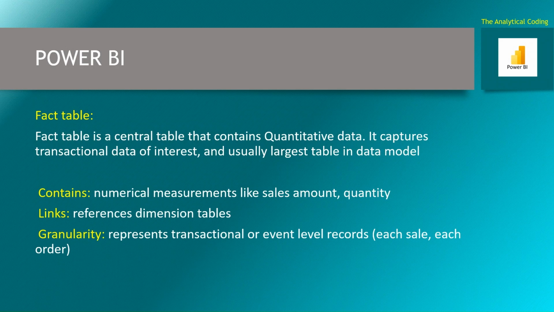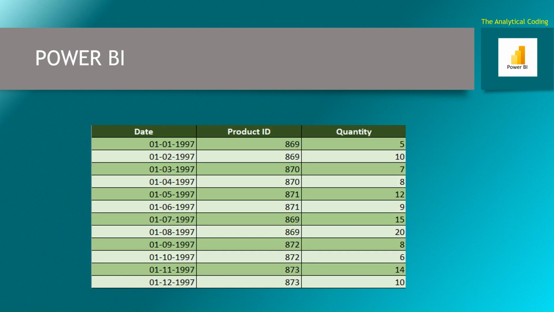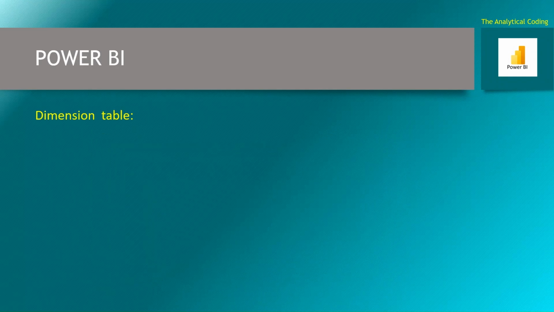Here you can see an example of a fact table, right? The product information is not shown here, only the product ID is stored, which references the dimension table, from which we can get the product details. Fact tables contain numeric values or metrics which are used for summarization, that is, these are the things that you can count.